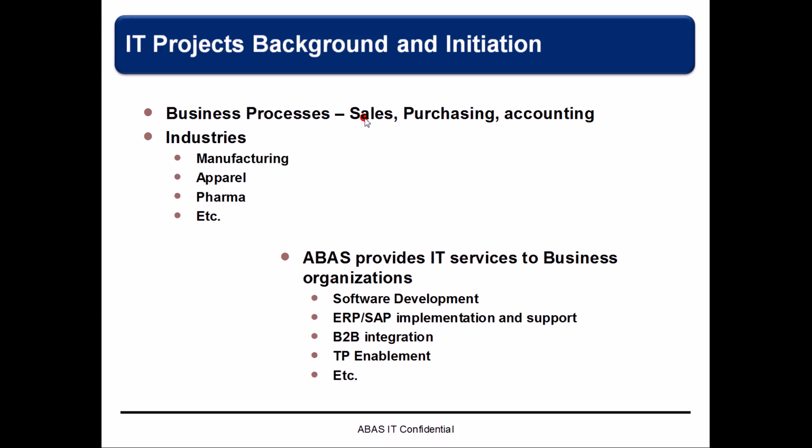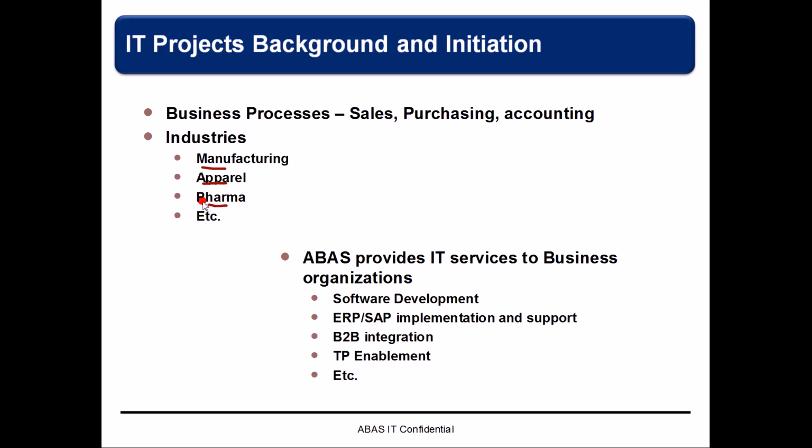So as a company, industry, it can be, let me change the color of my pen. As the industries, right, we have different industry types. We have manufacturing, we have apparel or garments, then we have pharmaceuticals.